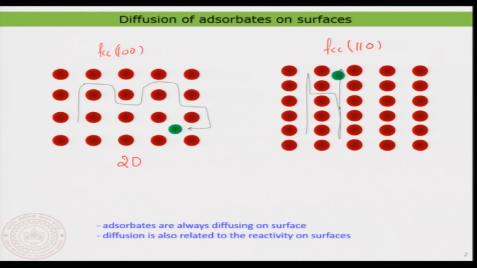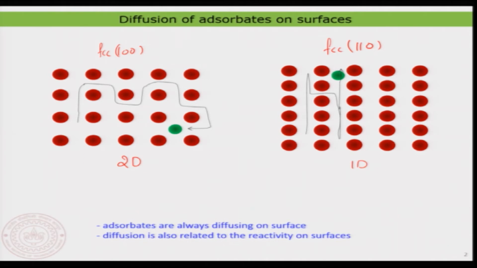But in the case of FCC 110, you notice the atom was most of the time moving along a given path and not randomly, as in the case of 100. Of course, the final destination is a random position compared to the original one, but there is some kind of preference in the way the atom diffuses on the surface.